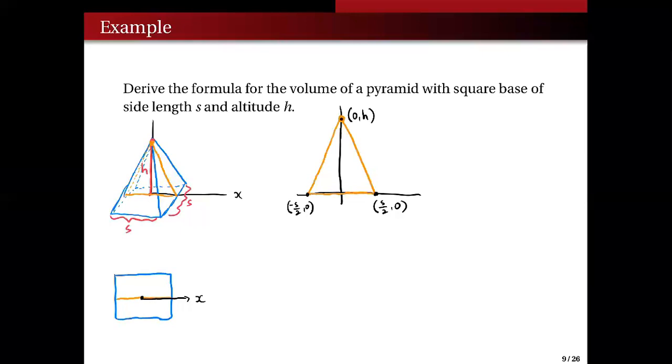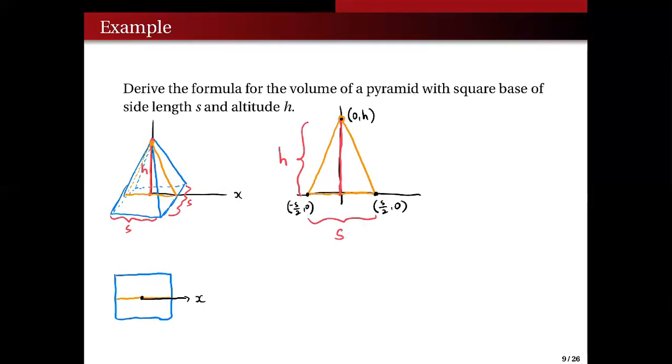So the total height from that top up to this will be h, and of course this total length here is equal to s.